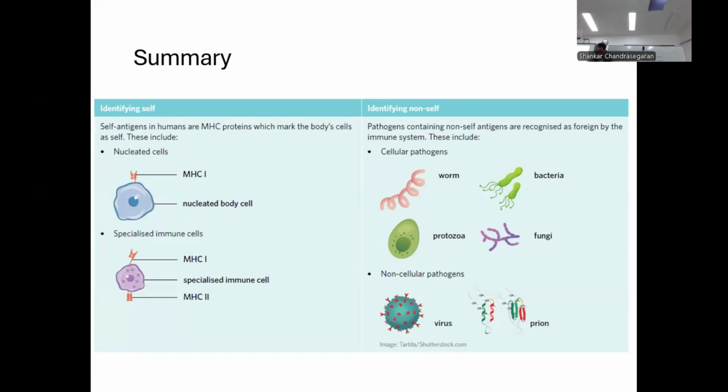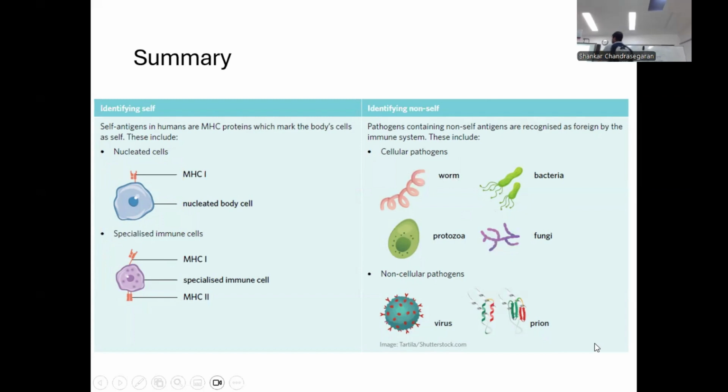Out of the 4, protozoa, fungi, and bacteria are microorganisms, and worms can grow up to 55 meters as well. So worms can be pretty big, whereas protozoa, fungi, and bacteria are usually small microorganism infections.